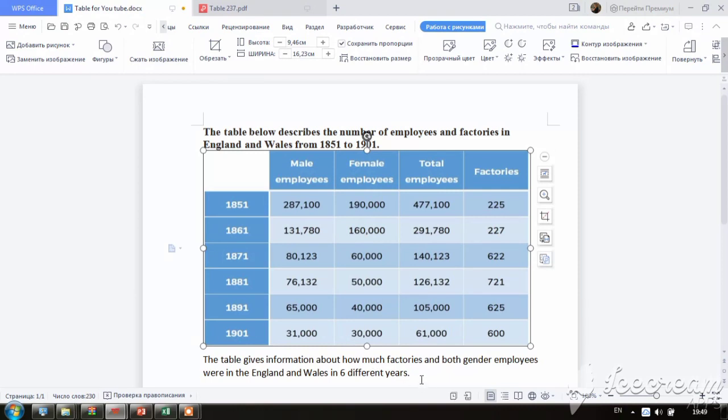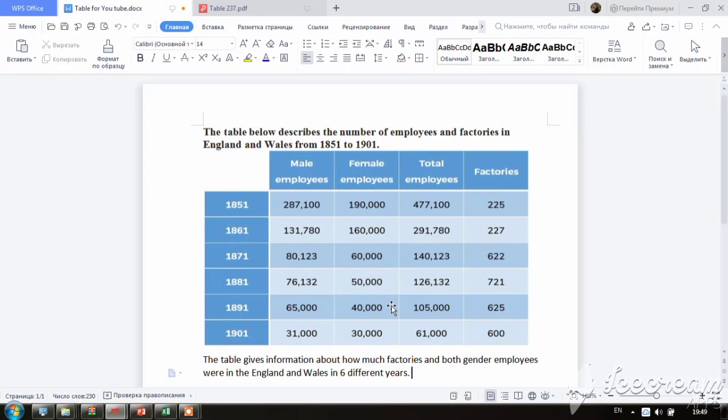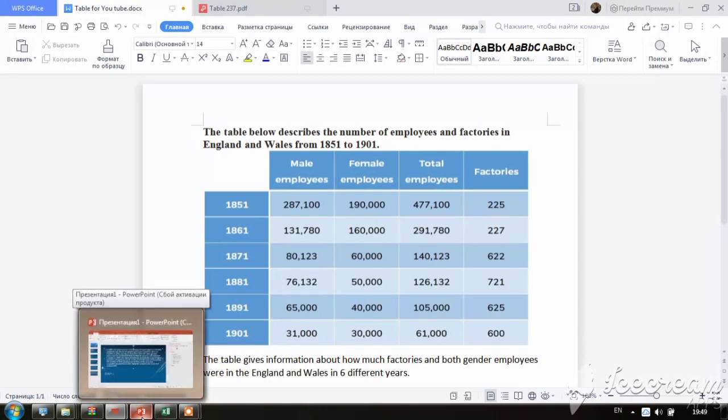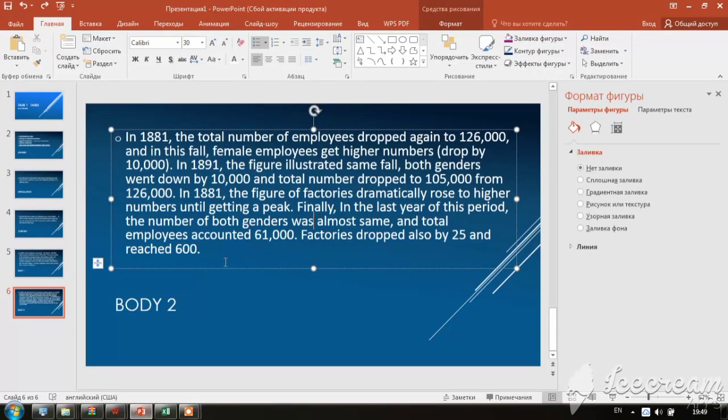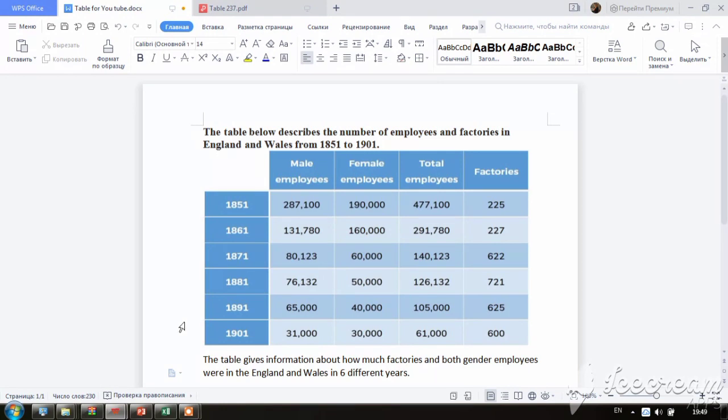Finally, we illustrate the last year, and the last year you can see is 1901. The numbers are very low because all numbers dropped and finished in this year. It is a very low number.